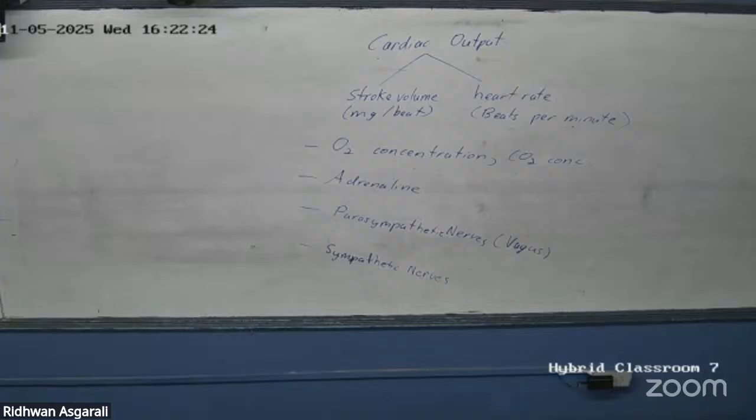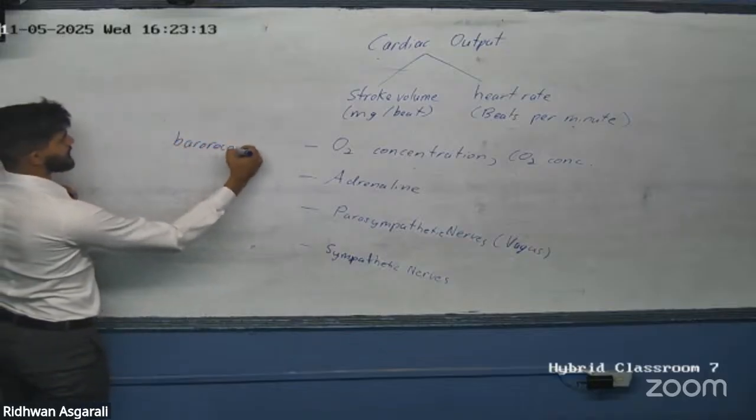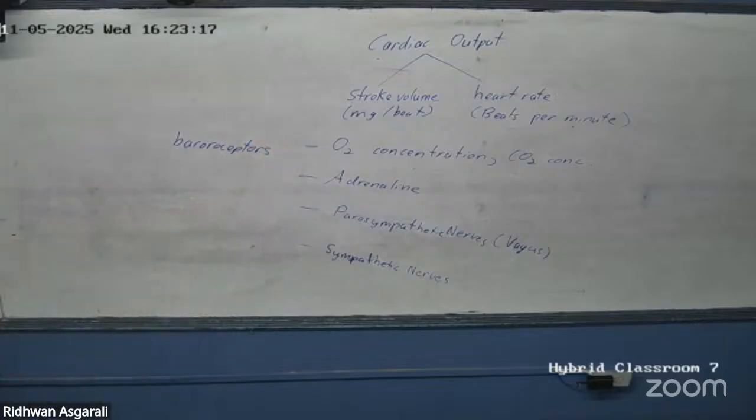Right, so parasympathetic nerves. During strenuous activity, arteries in the brain may swell, which triggers baroreceptors (in brackets, stretch).